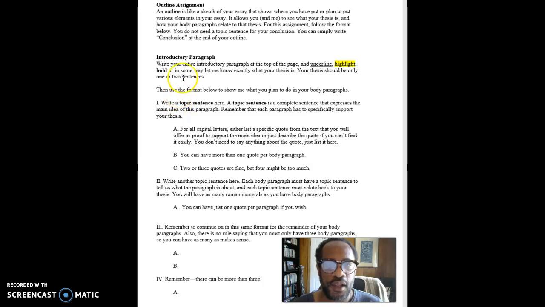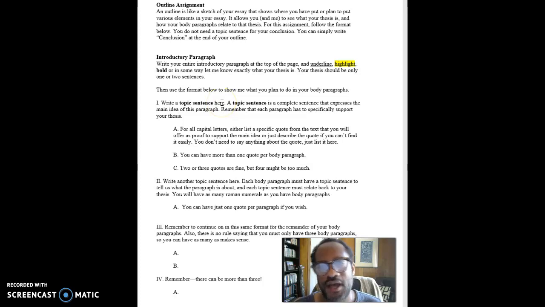Then going back to the assignment here, after you do the introductory paragraph, you're going to have to show me what you plan to do in each of your body paragraphs. So you see that we've got these Roman numerals, right? We use a capital I for a 1, 2 capital I's for a 2, right? Those are Roman numerals. And what we say here, write a topic sentence here.